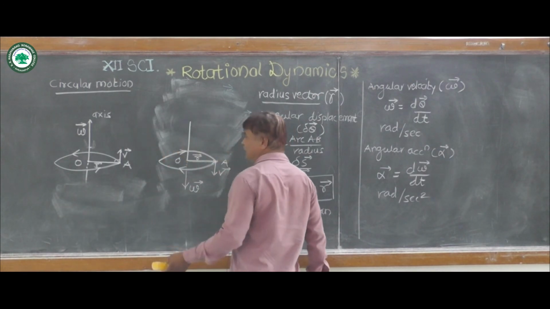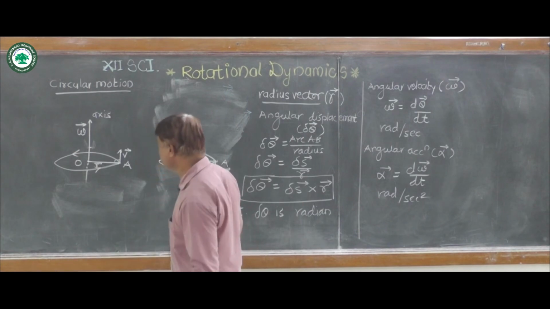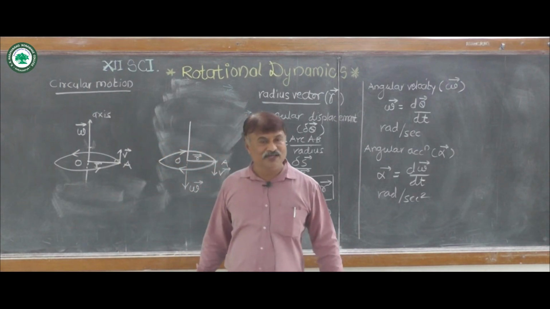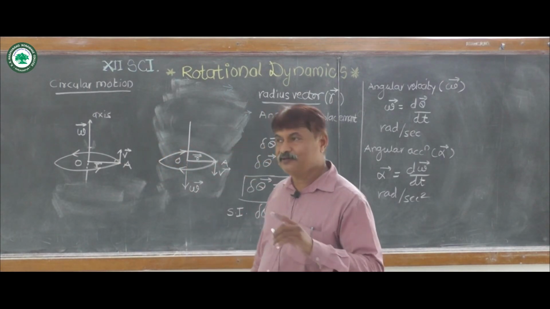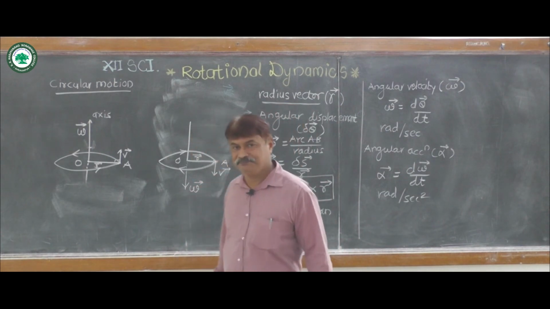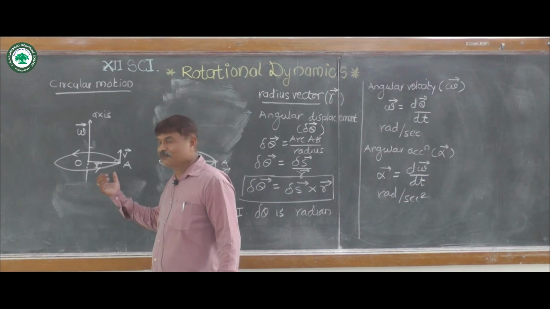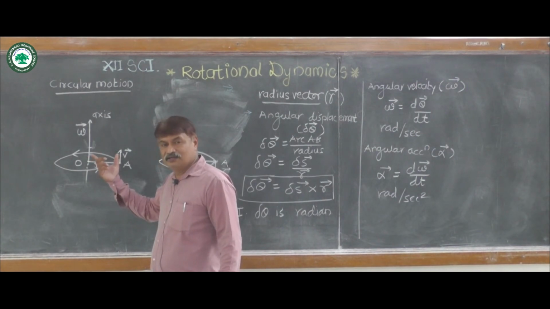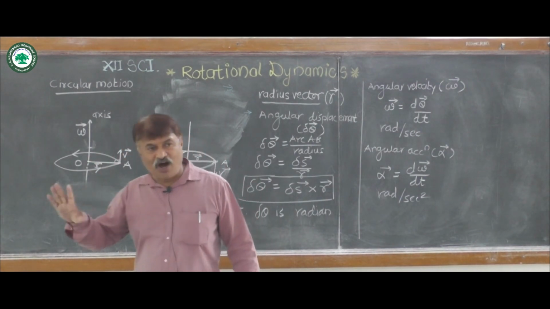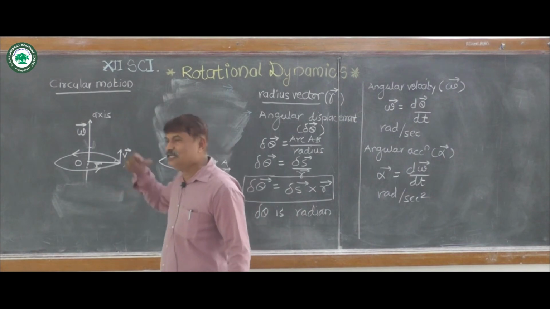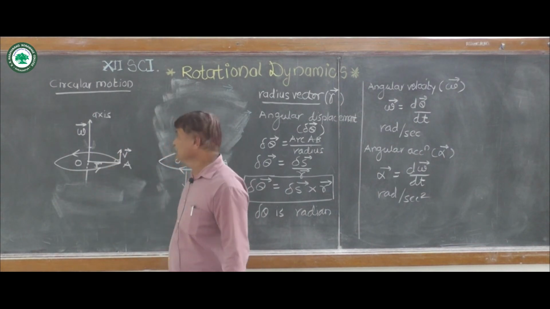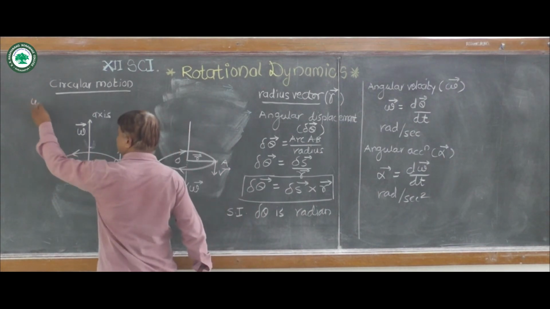Now, if particles are moving in an anti-clockwise sense, or if you consider the motion of the blades of a fan, initially when it is switched on, the fan starts to move and omega is increasing.